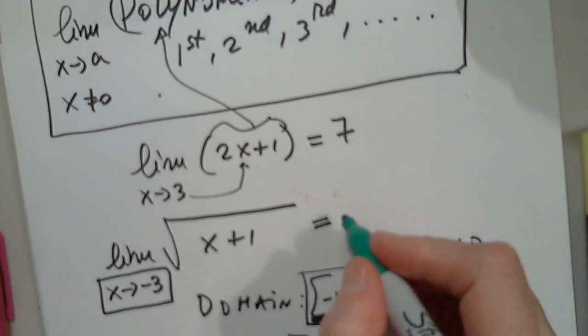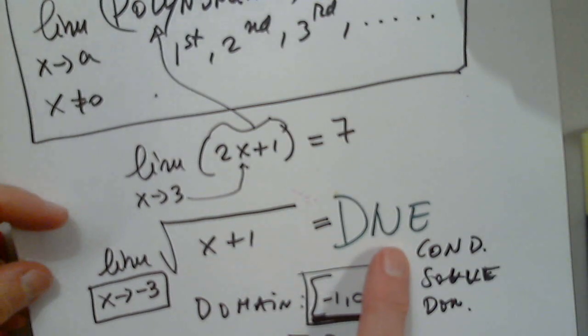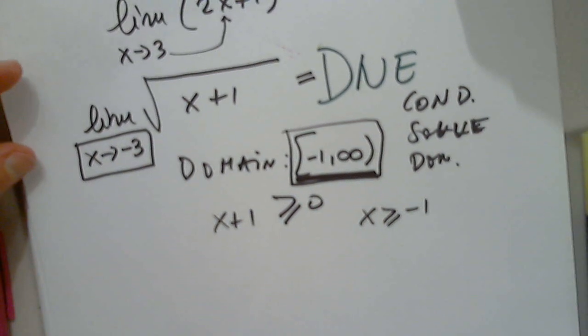Thank you very much. As we know, the square root from a negative number is not a real number. -3 is nowhere near in the domain. So therefore, there is no answer.